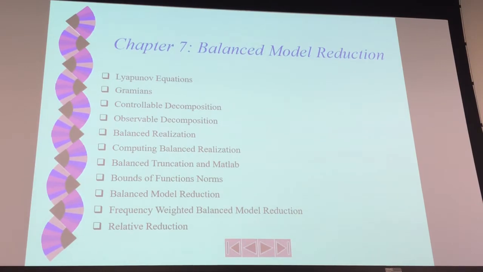Balanced realization is a unique realization that is itself a minimum realization, both controllable and observable. Using balanced realization, you can claim that the realization is unique and equally controllable and observable. Very beautiful. Then we talk about how you compute this using MATLAB.